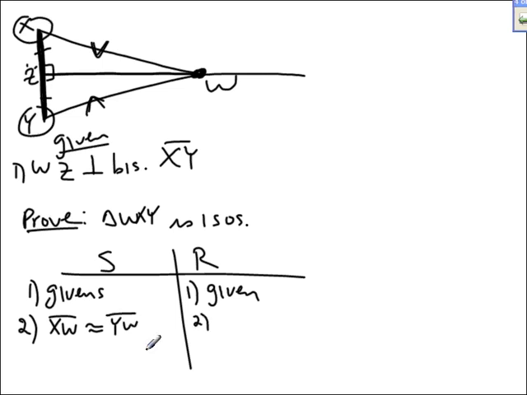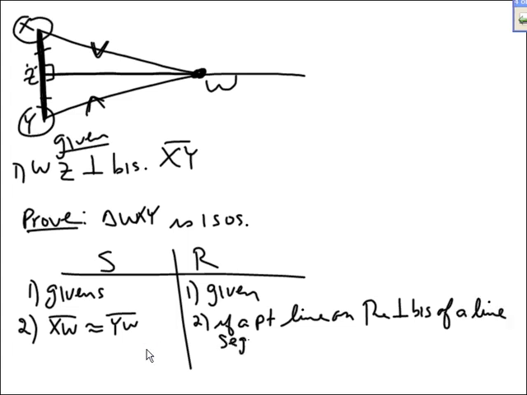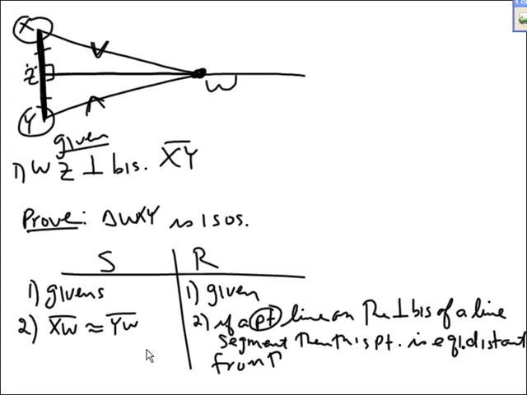And the reason is, if a point lies on the perpendicular bisector of a line segment, then this point is equidistant from the endpoints of the line segment.